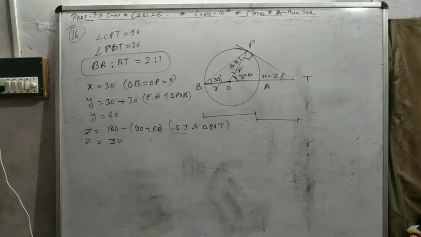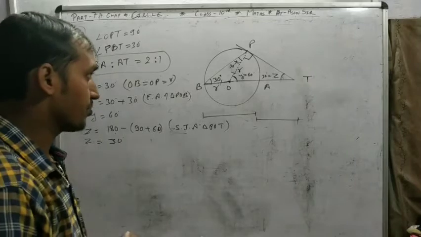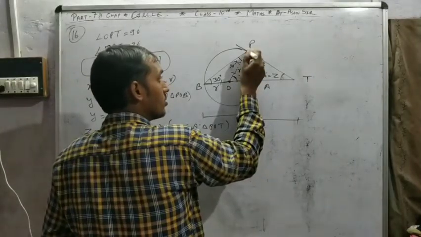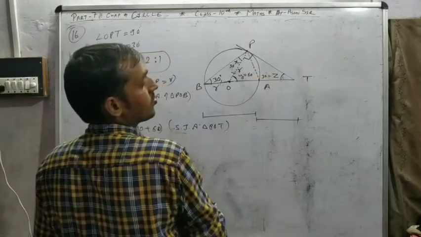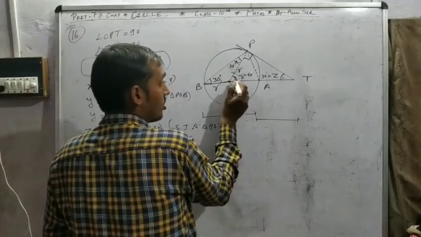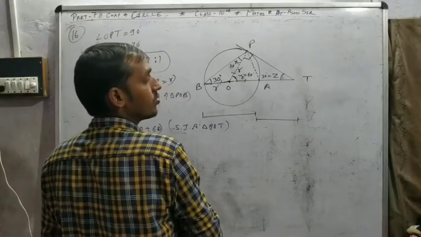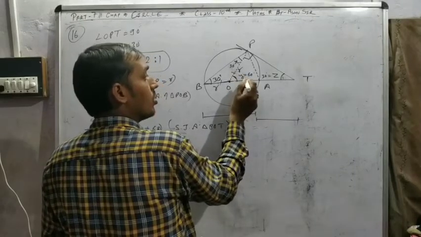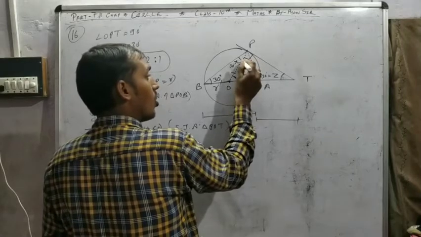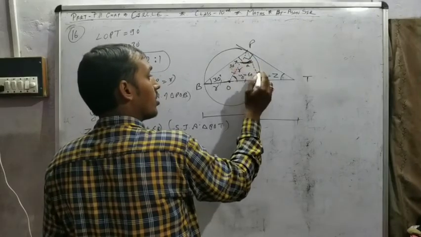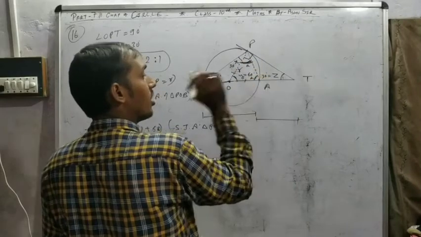So if we join this, this also is a radius. If this side is equal, the angle opposite of this, A, and the angle opposite of this, A, are also equal.